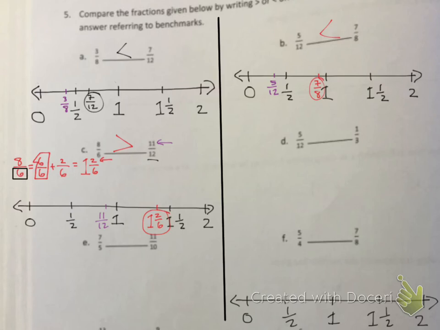Perfect. So let's work with 5/4 here. So this is a fraction greater than 1. So remember, look at that denominator, and that's going to tell you what the whole is going to be. And the whole is going to be 4/4. So you've got to think of us taking that out of 5/4.